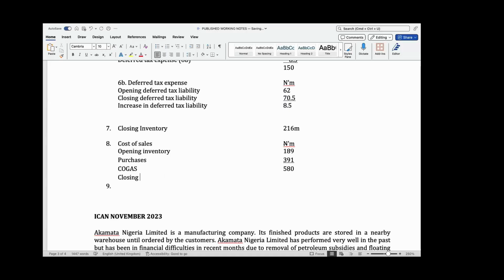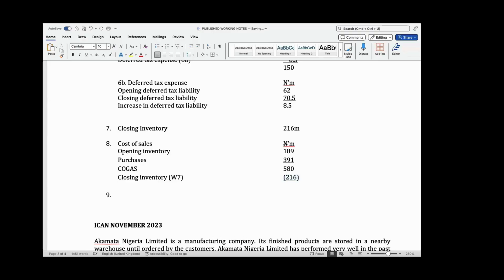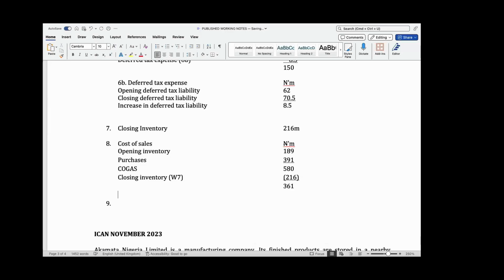So I can then deduct my closing inventory from working 7, which is 216. So what does this give you? 364.